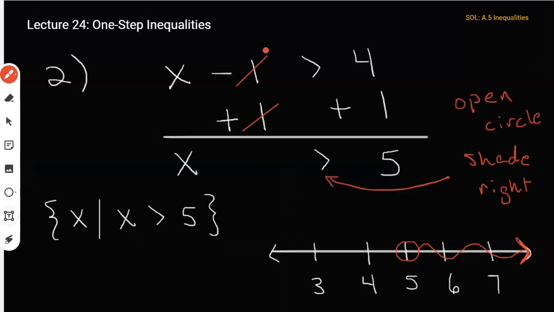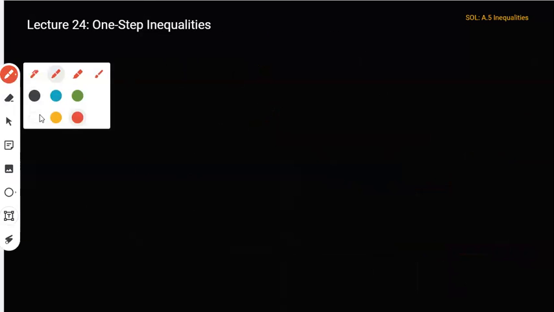Okay, let's look at number 3. So for number 3, I've got x divided by 2 is less than or equal to 4.